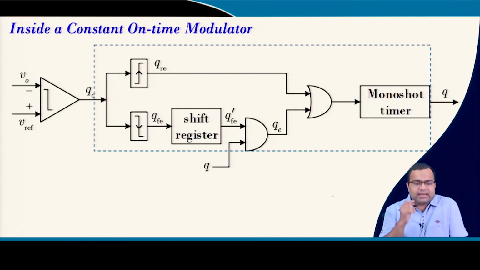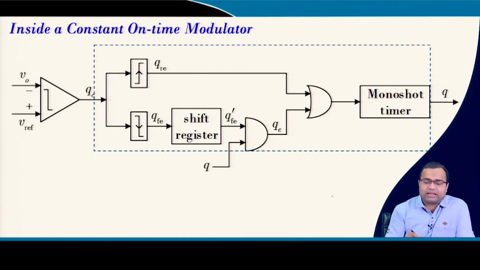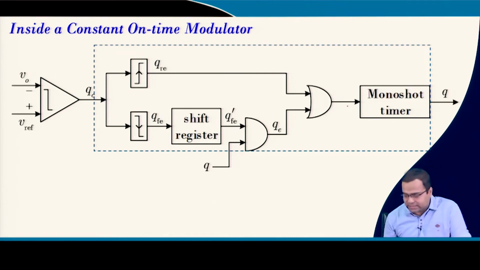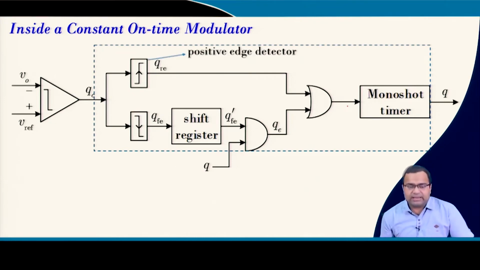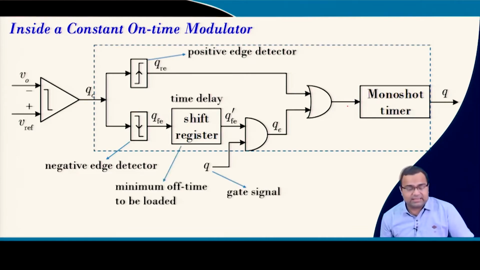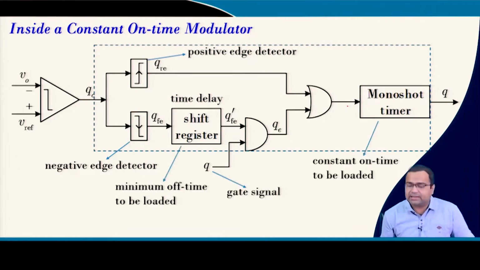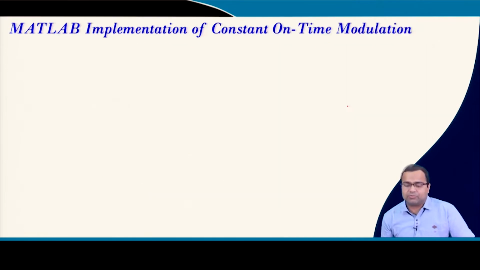Okay. So, inside the monoshot timer, we have a shift register, and this is what we have discussed: positive edge detection, negative edge detection, a time delay, a gate signal is required, a minimum off time to be set, and the constant on time to be loaded.